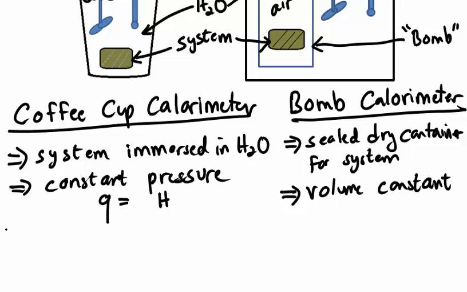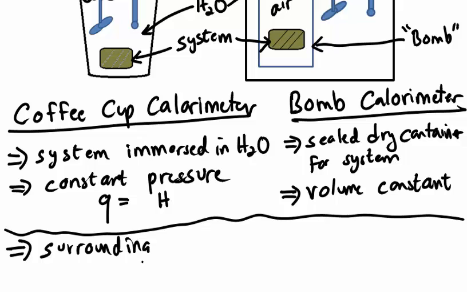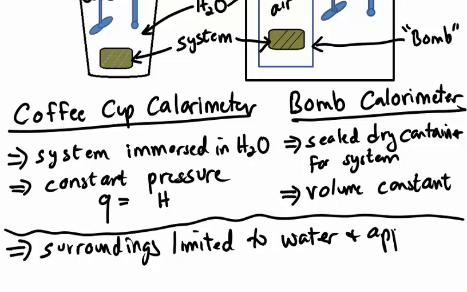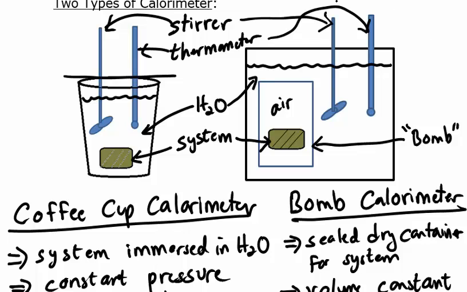All right, what's true for both of these? In both cases, your surroundings are limited to water and the apparatus. All right, so in both cases, you're not considering the surroundings outside of the calorimeter. You're saying that any temperature changes that occur within the calorimeter are the only ones we're going to take into account.